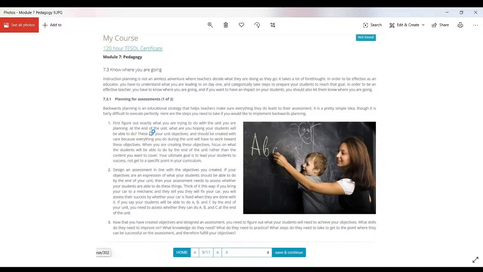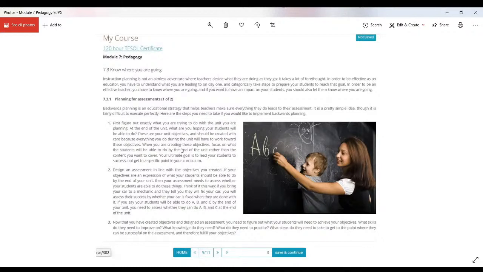First, figure out exactly what you are trying to do with the unit you are planning. At the end of the unit, what are you hoping your students will be able to do? These are your unit objectives and should be created with care because everything you do during the unit will have worked toward these objectives.